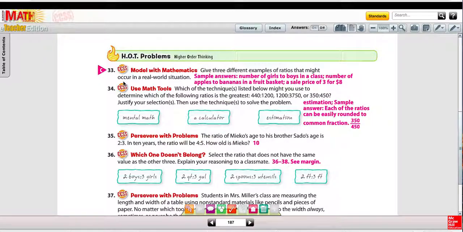I was just mixing some cleaner for my floor tonight, and the ratio was given on the bottle for 1 part of the solution to 5 parts of water, so the ratio was 1 to 5. And there's lots of different situations where ratios are used in real-world situations.